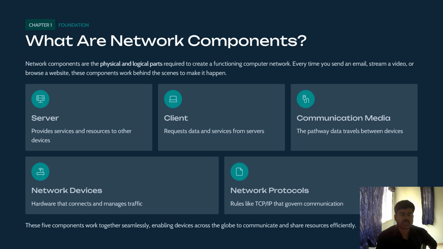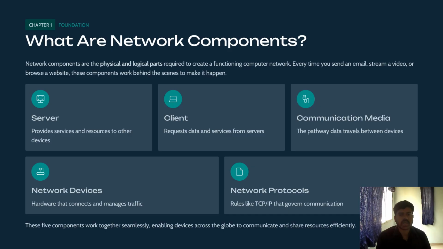First of all, we have to know what is a network. Network components are the physical and logical parts. We can say a computer network is a group of connected devices that can communicate and share resources. So now, what are the main components of a network?